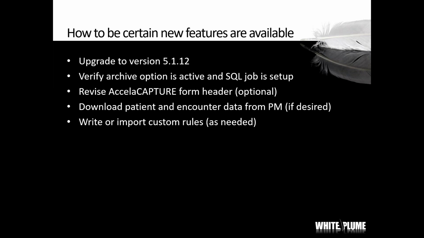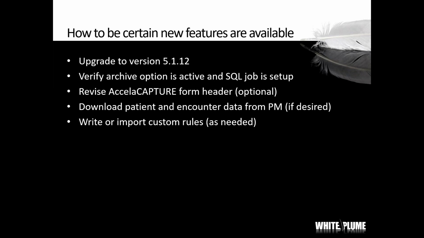And you may also wish to write some custom rules against this information. These are three main areas that we do expect clients to maybe leverage our system for these new features. We will review some of these options for each of those during today's webinar, so that you have an idea of what your options are, how to do that, and all that kind of stuff.